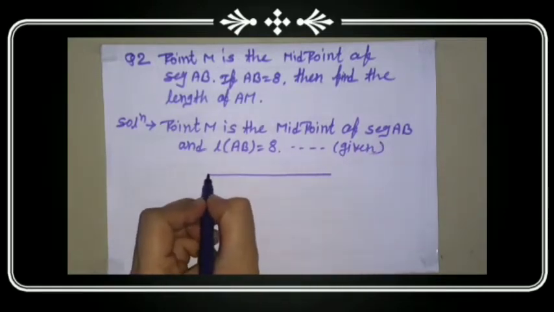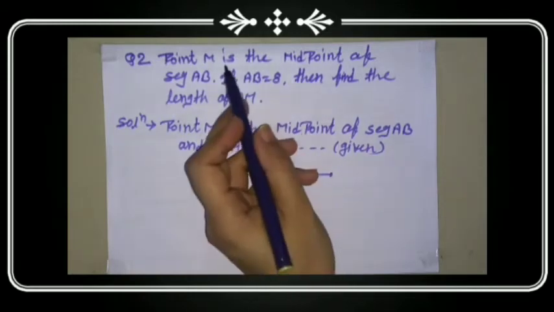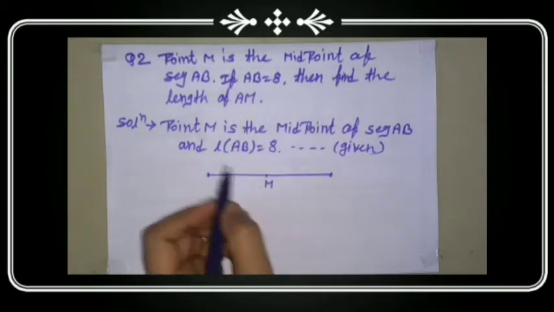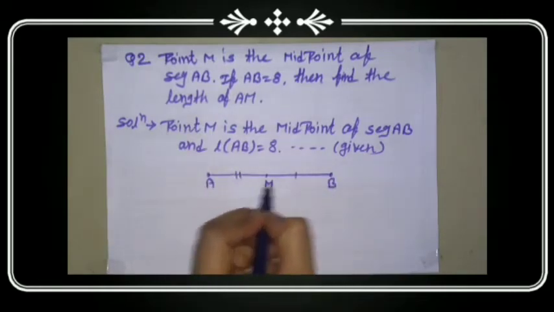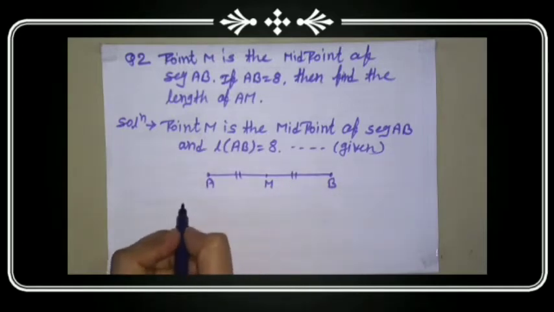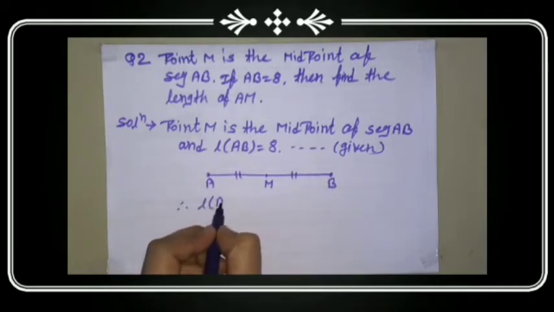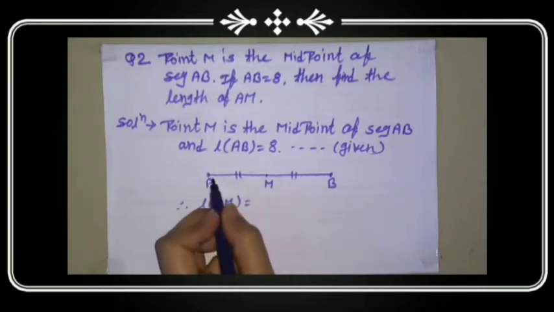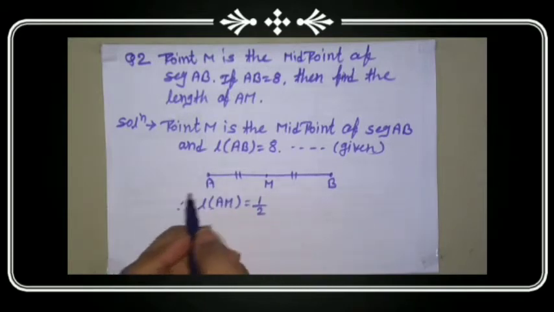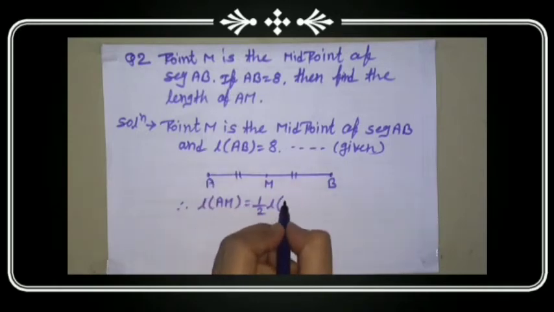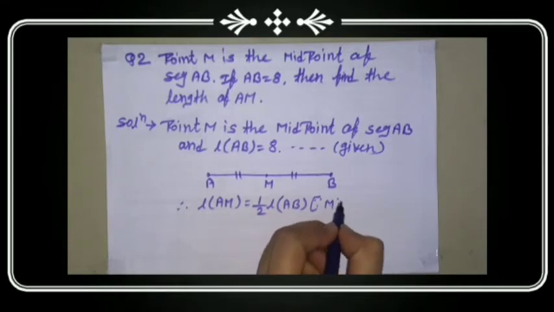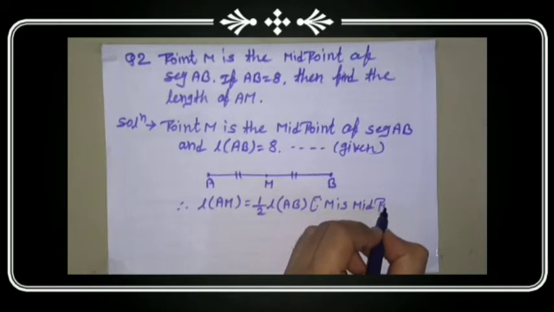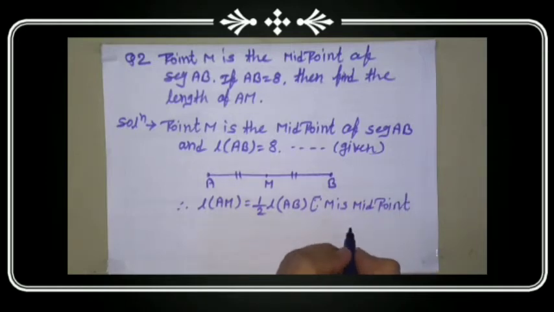According to the question, M is the midpoint of segment AB. Therefore, length of AM equal to half of length of segment AB. Reason: M is the midpoint of segment AB.